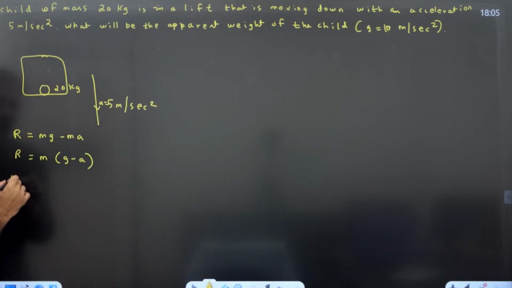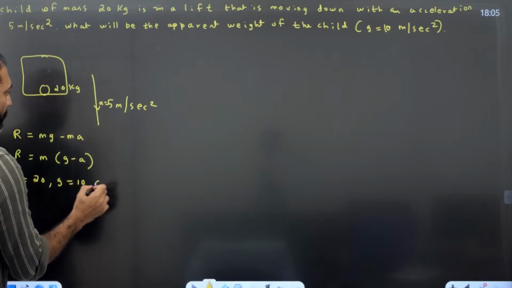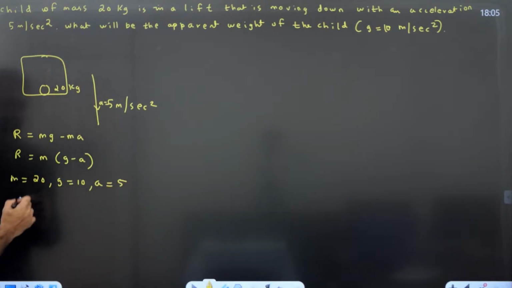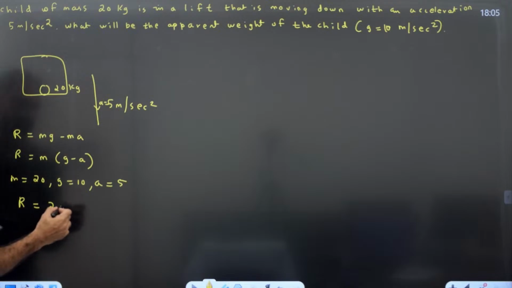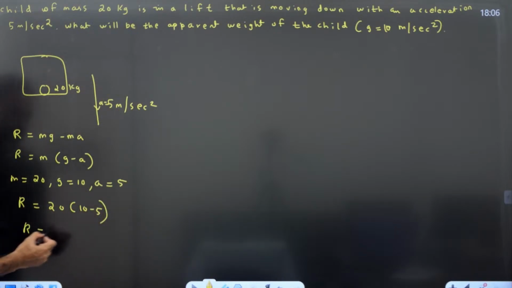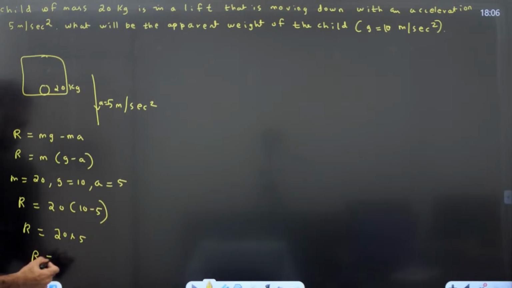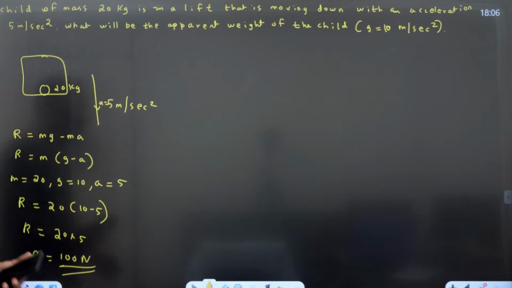Here mass is 20, g is 10, and acceleration is 5. So R equals 20 into 10 minus 5, which is 20 into 5. So the normal reaction is 100 Newton. Any doubt?